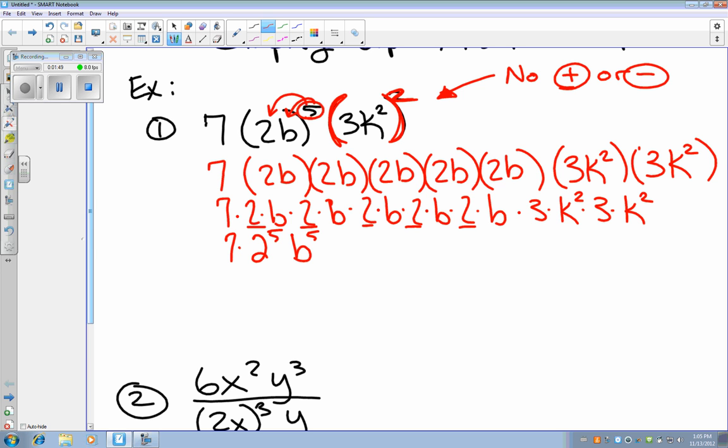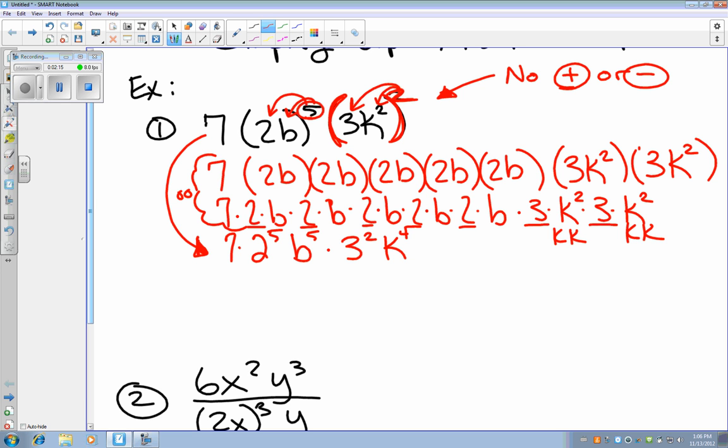But I want to show you where that was coming from. And then I have 3 to the 2nd. Again, shortcut right there. And I have a k squared and another k squared. I'm just going to write that as k to the 4th. Again, I could have just gone right from this to this at the beginning, but I wanted to show you where this was coming from.